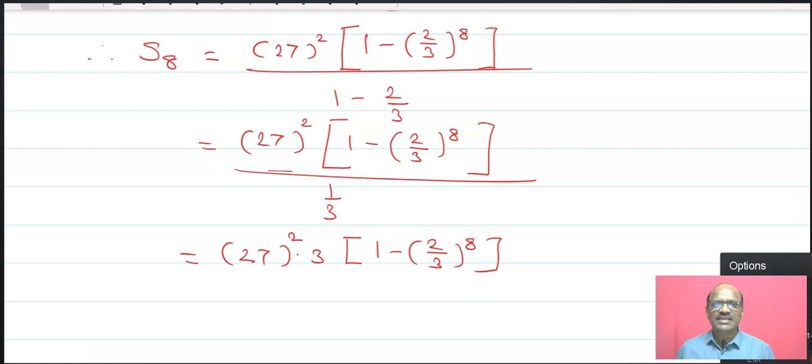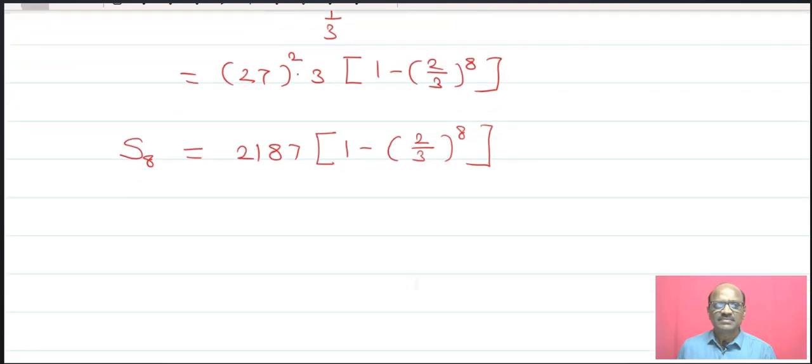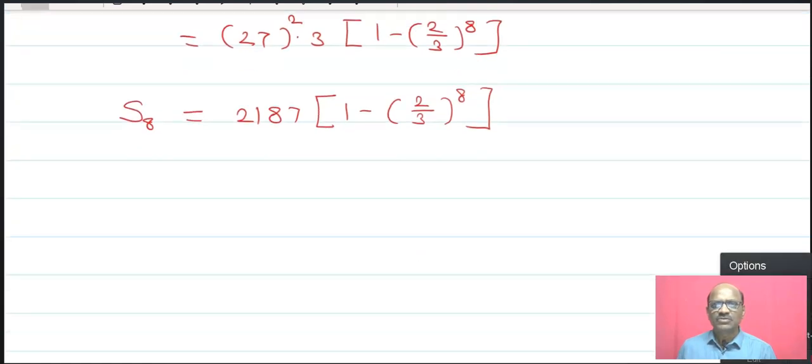Now the next calculation is that 27 square into 3, that is 2187, in bracket 1 minus 2 upon 3, bracket raised to 8.